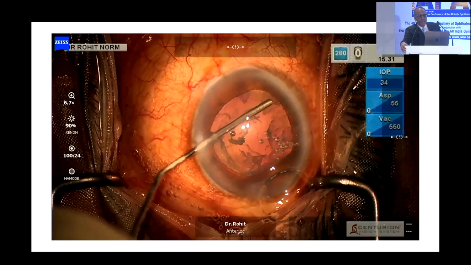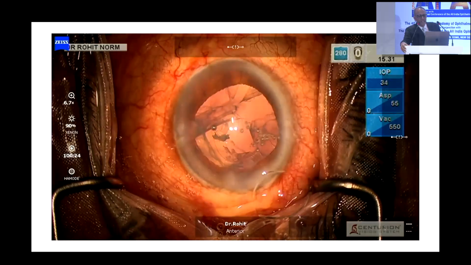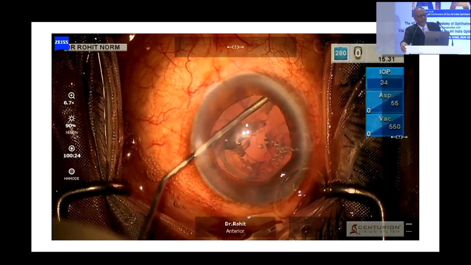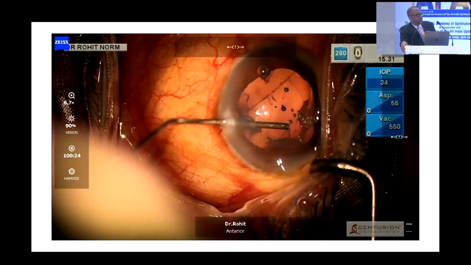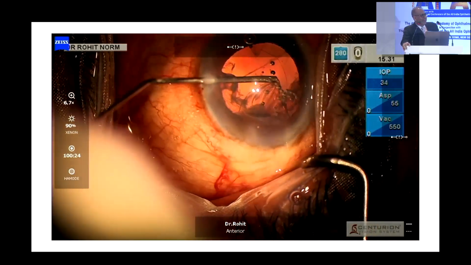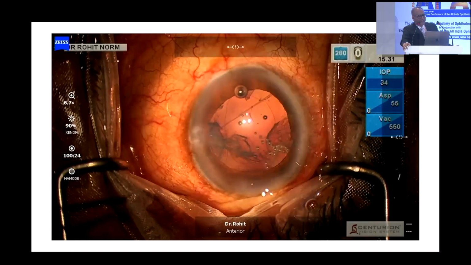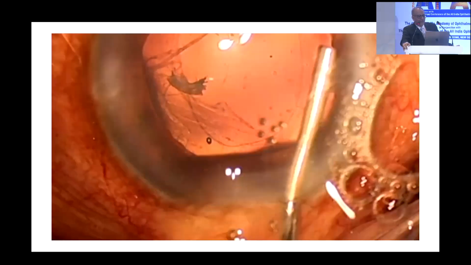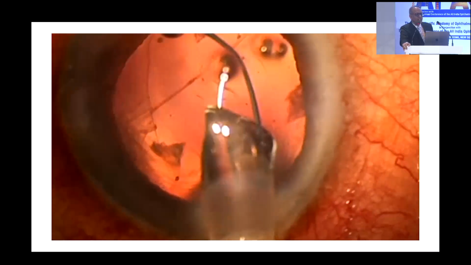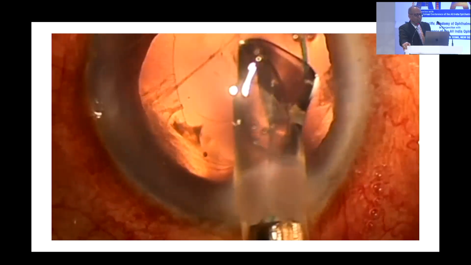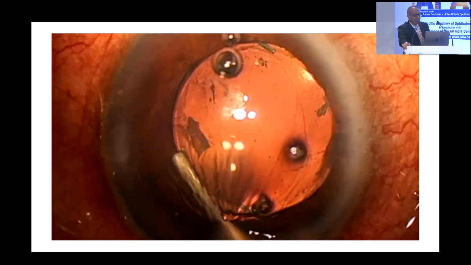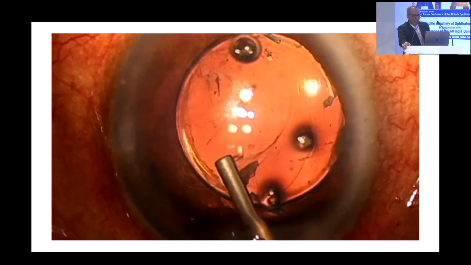Once that is done, this is very handy. I've been using it, David Wright, since 1990, this Gills-Welsh technique of dry aspiration. So this has really helped. Once that is done, that nuclear fragment will not go behind because the anterior hyaloid phase is taking care of it. The second is there, so these two pieces are now out.